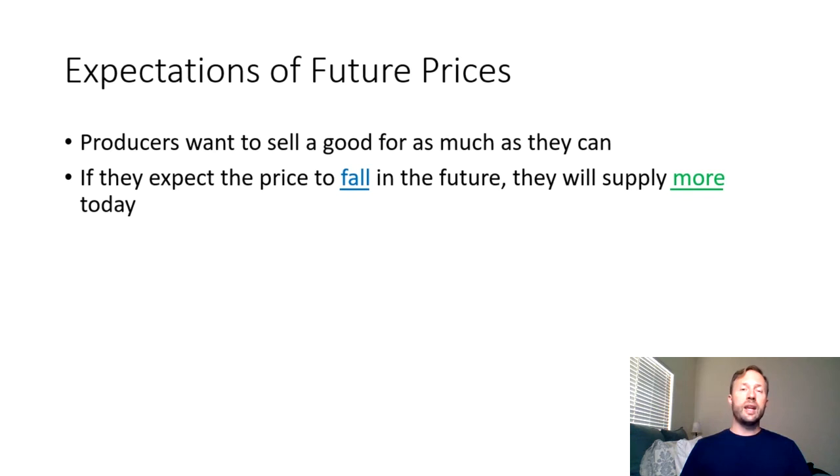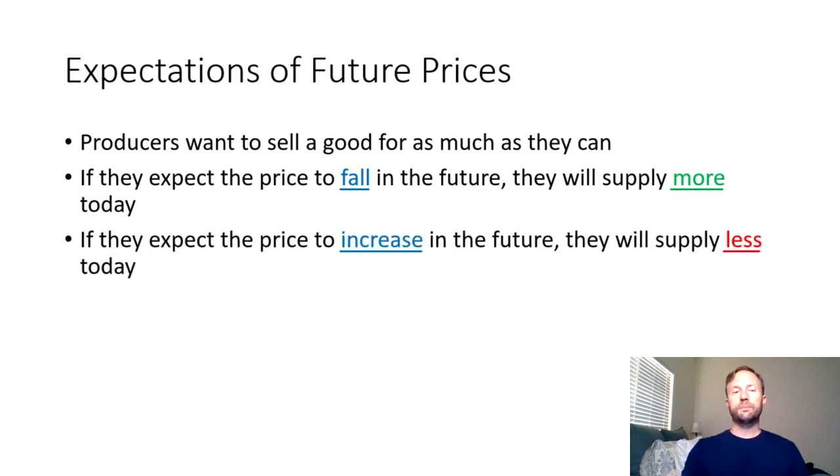Well, if you knew that was the case, and maybe today you had only been planning on selling 10 of your 100 ounces of gold, now that you know that the price is going to go down by so much in the near future, you might be willing to sell 50 ounces of gold or all of your gold to get the cash now while the gold is still valuable. Okay, so what does that mean? That means that if sellers expect future prices to fall, they're going to supply more today. Supply will increase if future prices are expected to fall.